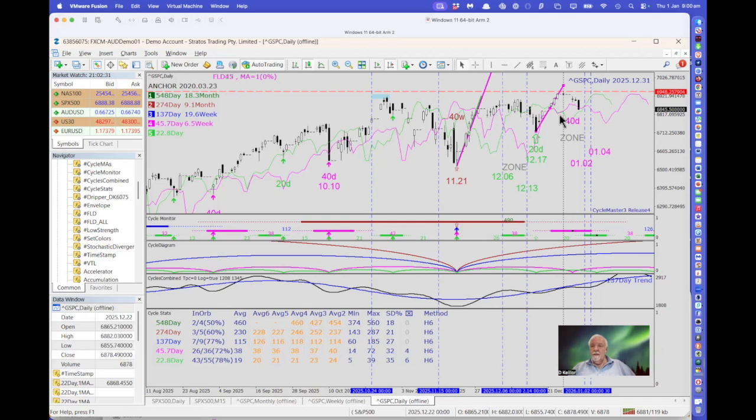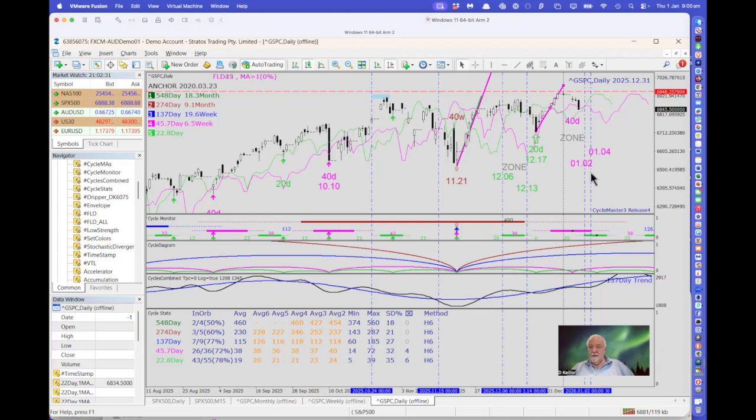Now, on the S&P, we got new all-time highs on the 26th of December, and it didn't quite make that FLD forecast and then dropped away. So now we have a situation where price looks like it's dropping into this 40-day zone.